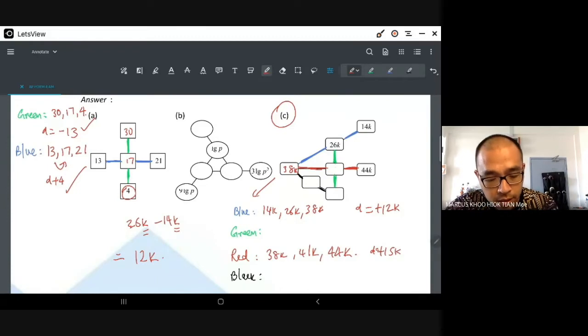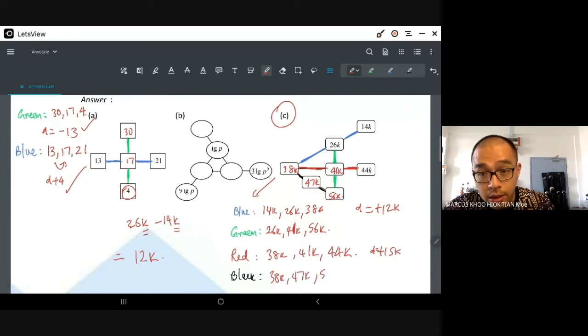Green and black still haven't been answered. Green is 26K, 41K, 56K. Black is 38K, 47K, 56K, and the D is positive 9K.